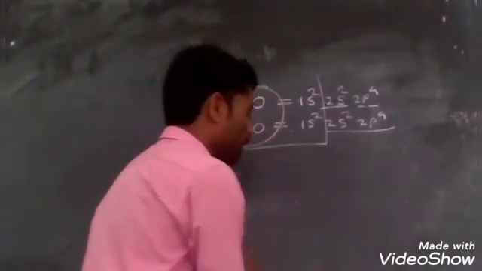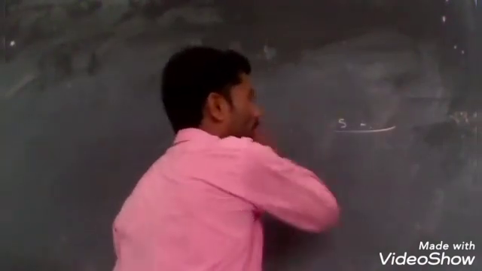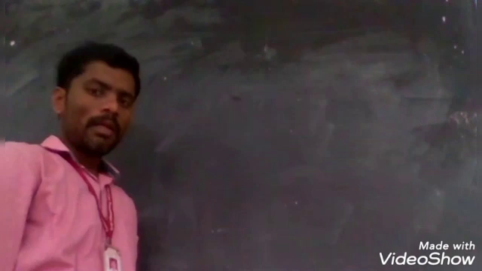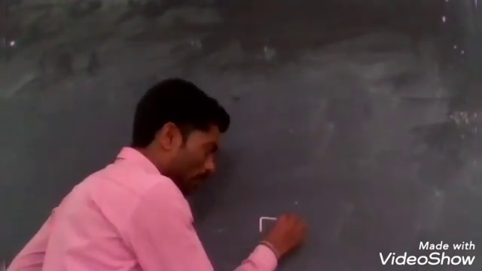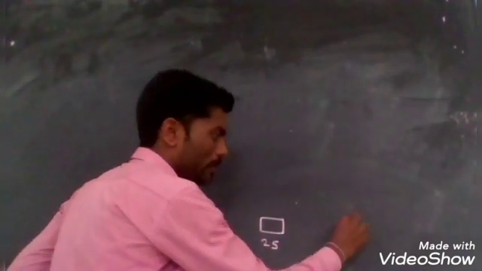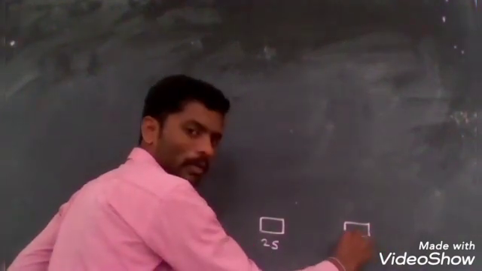Then the molecular orbital energy level diagram for oxygen molecule can be drawn. This is the atomic orbital for one 2s, and this is the atomic orbital of another 2s.